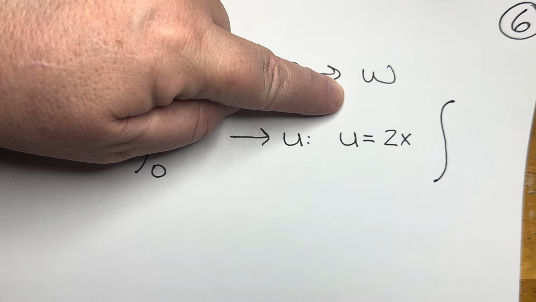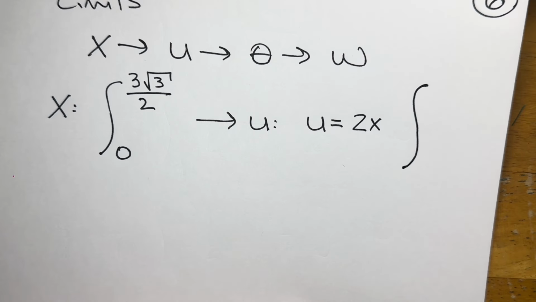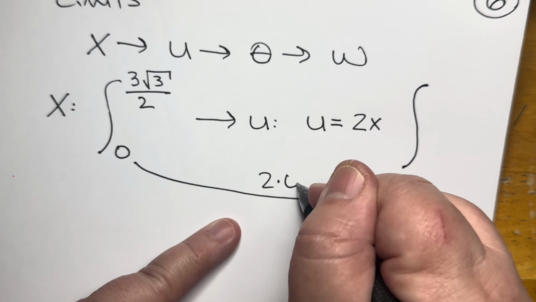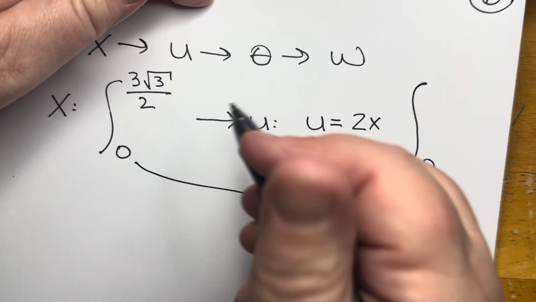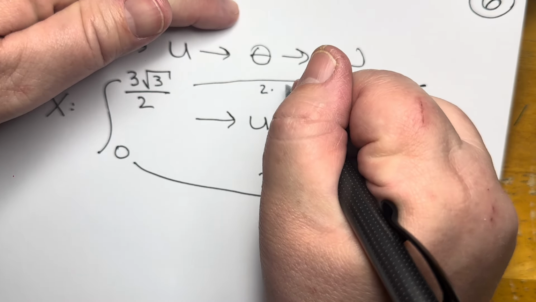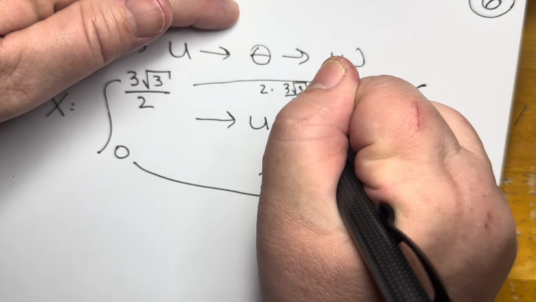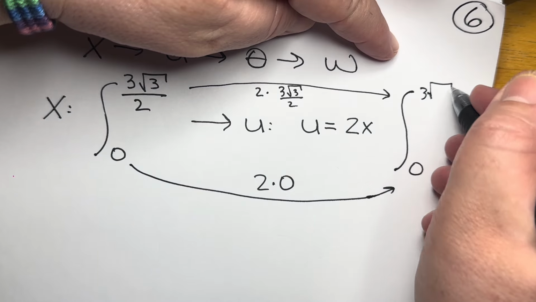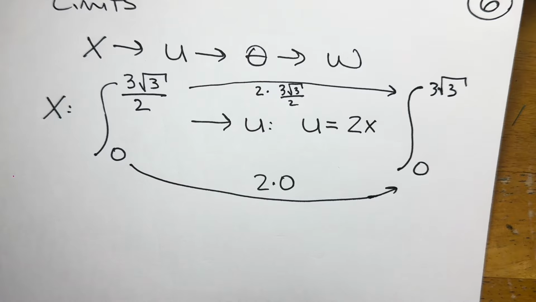So our new limits are going to be 2 times 0, which is still 0, and 2 times 3 radical 3 over 2. And the 2's just cancel, and we get 3 radical 3. Okay? And this is what we would have had to do while we were doing the problem. Okay, so that's x to u.